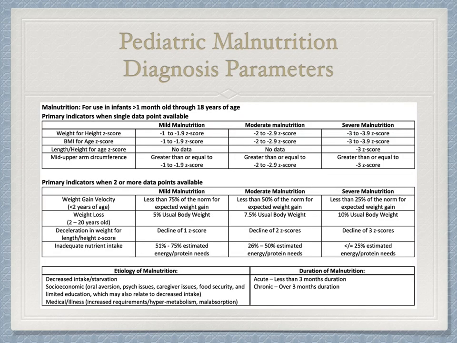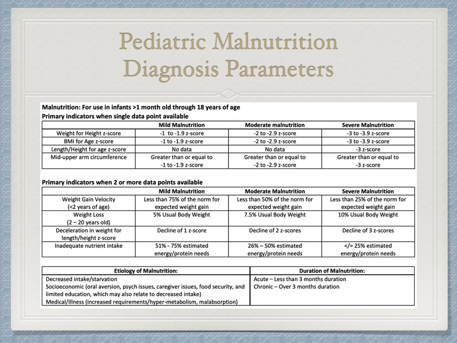So here are the parameters for diagnosing pediatric malnutrition. You can see that the top chart are indicators when a single data point is available that is one of these: a weight for height z-score, BMI for age z-score, length, height for age z-score, and a mid-upper arm circumference z-score.